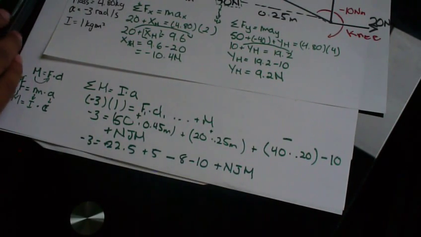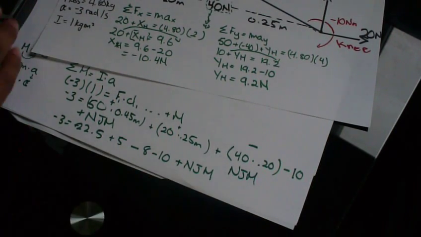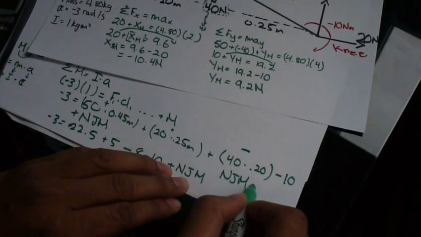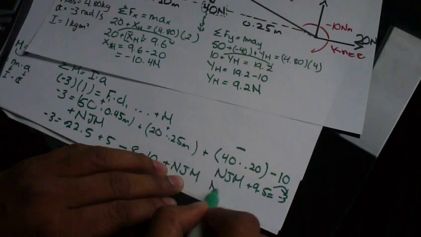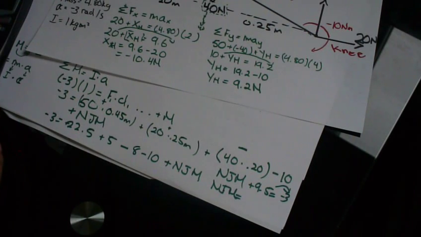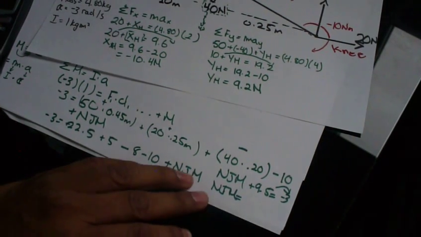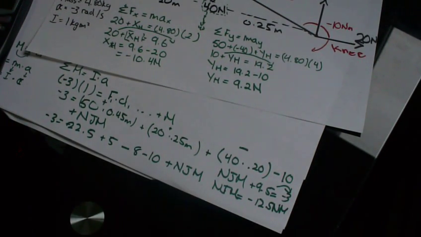If we add all of this up, 22.5 plus 5 minus 8 minus 10 gives us 9.5. Equals negative 3, carry this over, net joint moment equals negative 9.5 plus negative 3, minus 12.5 Newton meters. And there you have it.